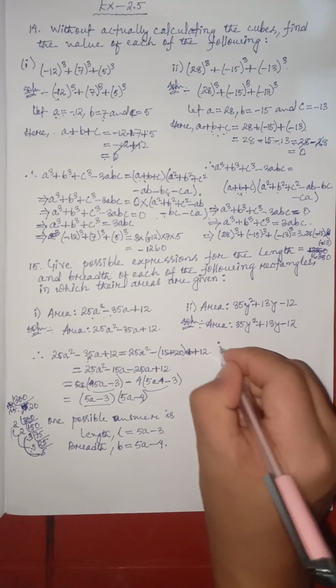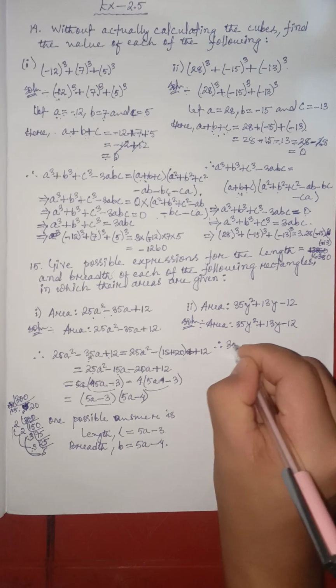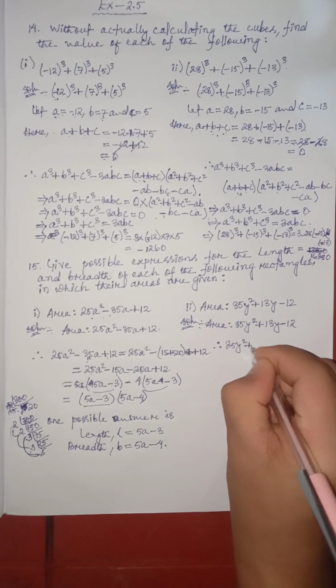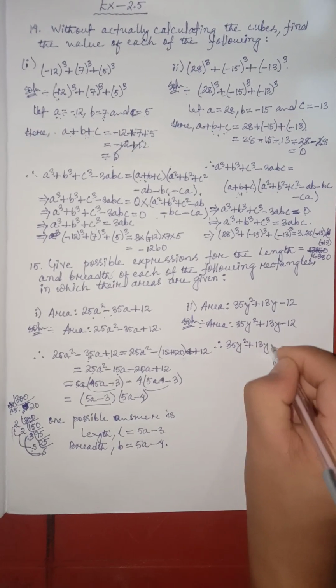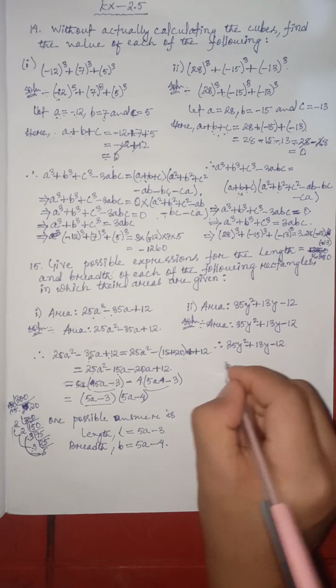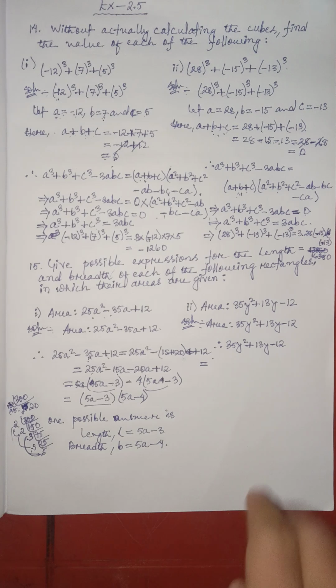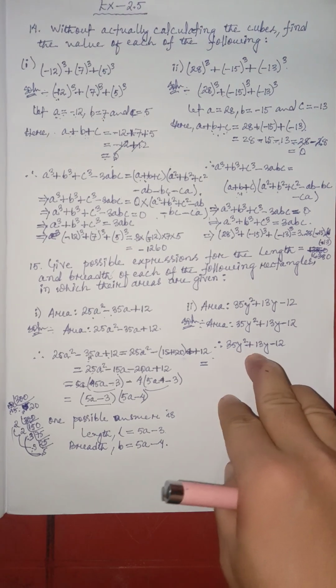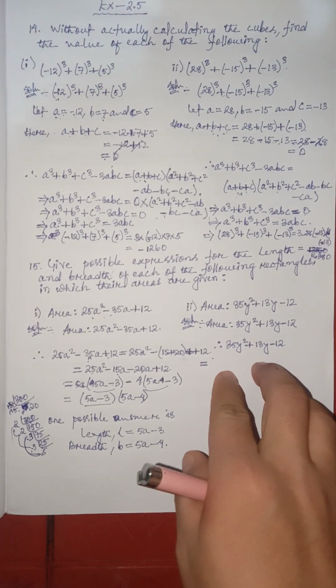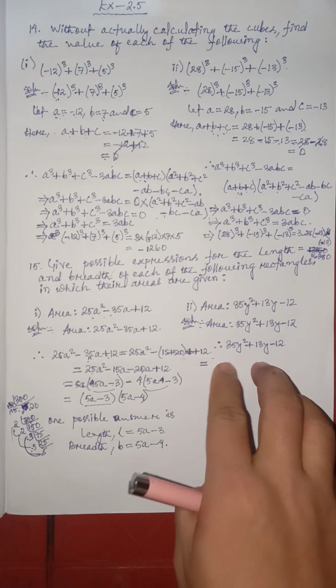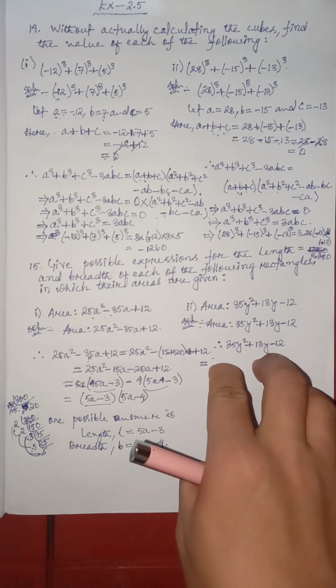Now let us start from this. It will be 35y square plus 30y minus 12. Same as the one that we did here. Even here we have to split it. By splitting the middle term, we have to take out some common, and whatever common that we took will be the answer for this.